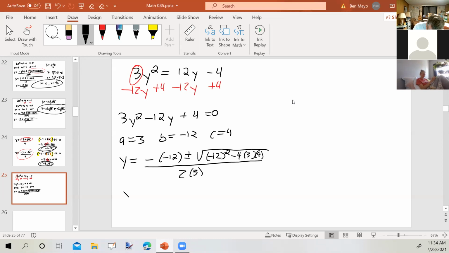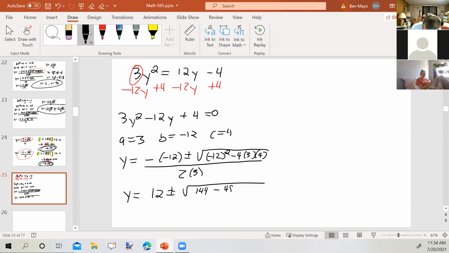So simplifying this, y equals positive 12 plus or minus the square root of 144 minus, let's see, 4 times 3 is 12 times 4 is 48. It's kind of hard to read that, that's a 4 right there. So let's make that a little bit easier to read. Okay. So 4 times 3 is 12 times 4 is 48.